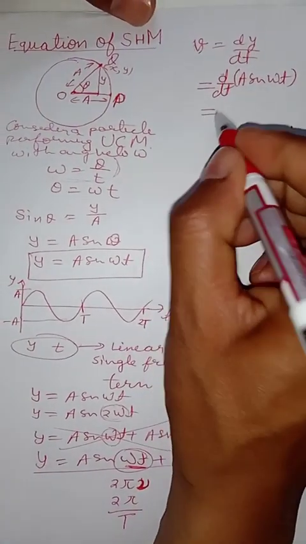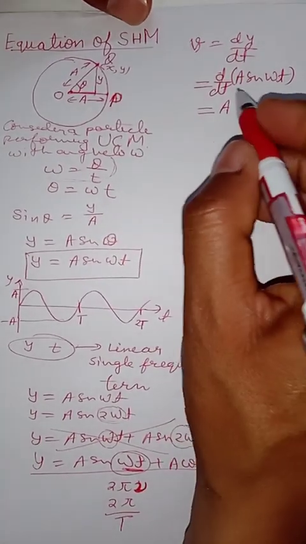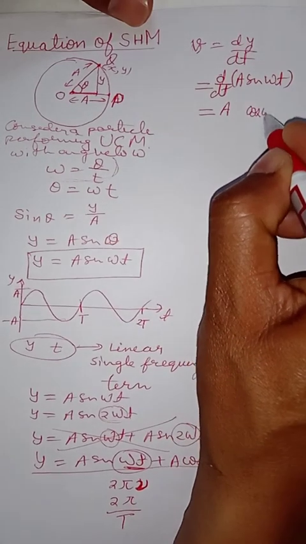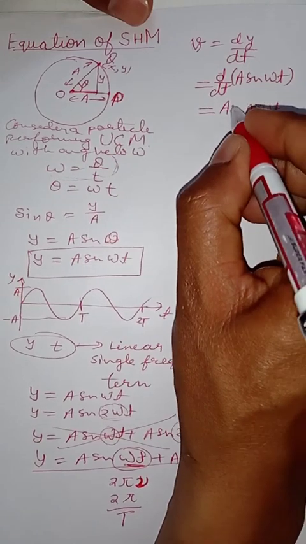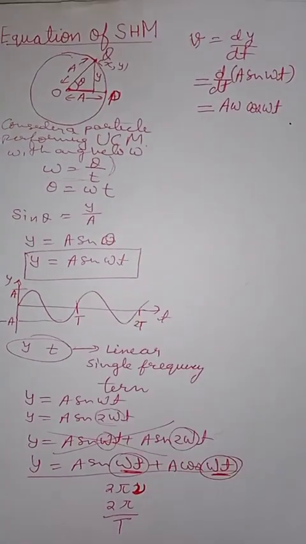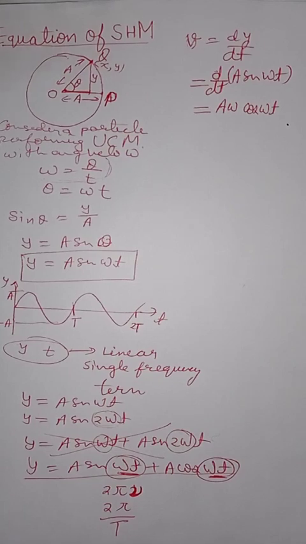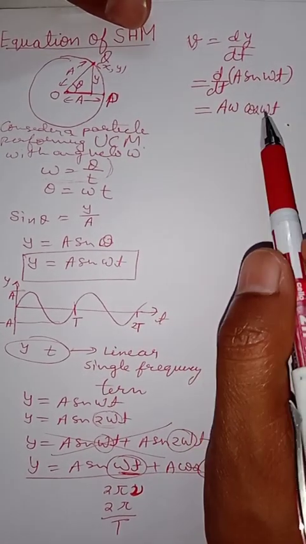So a simple rule for differentiation: a is constant, differentiation of sine omega t is cos omega t, but there is some omega term extra. We will write it as a bonus. Why is it so? We are not getting into it right now. You will understand it later, or just trust me.